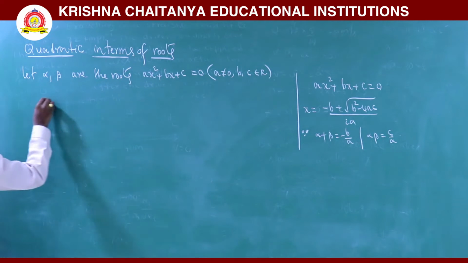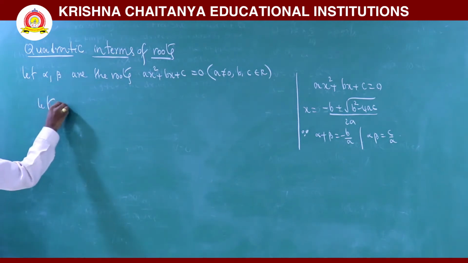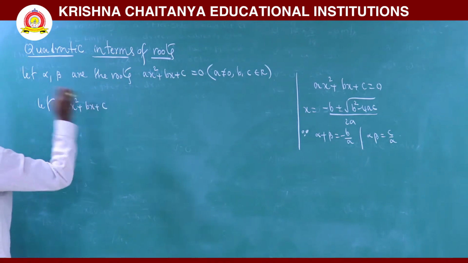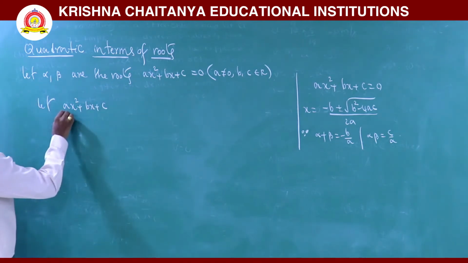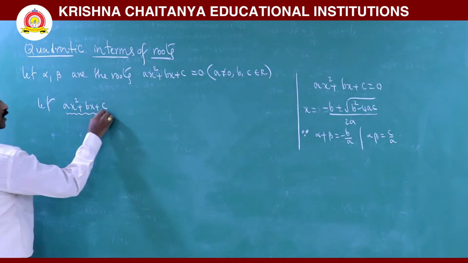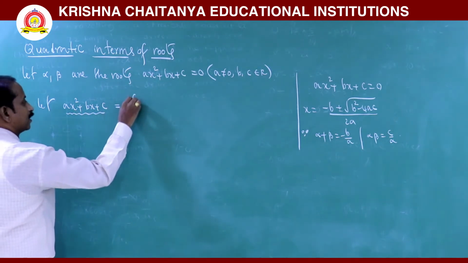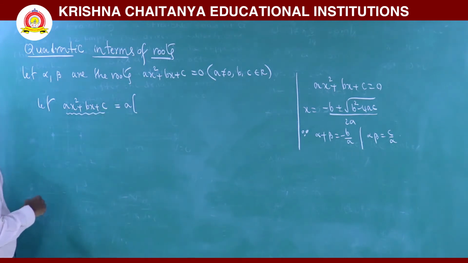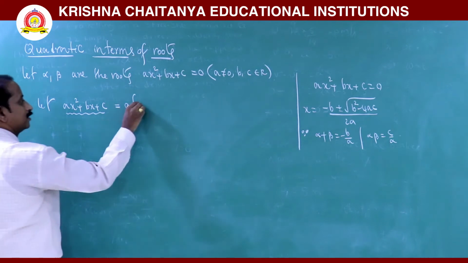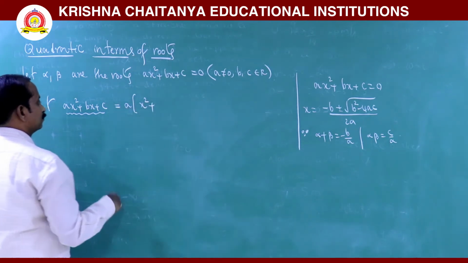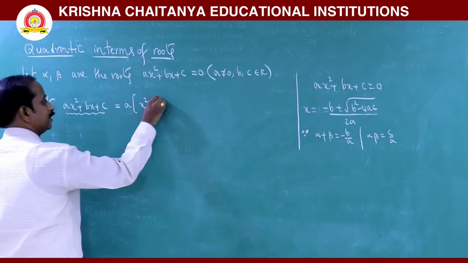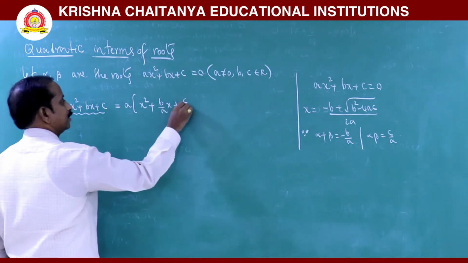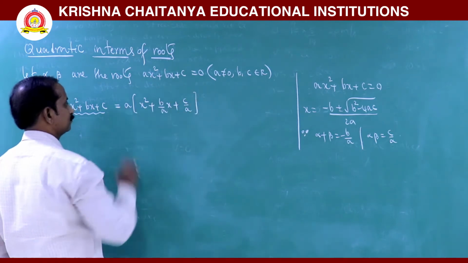Now consider given quadratic ax square plus bx plus c. Here a will be taken out common, common means a will divide every term. So ax square by a is x square, bx by a means b by a into x, and remaining is c by a.